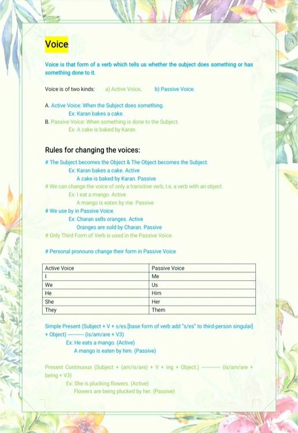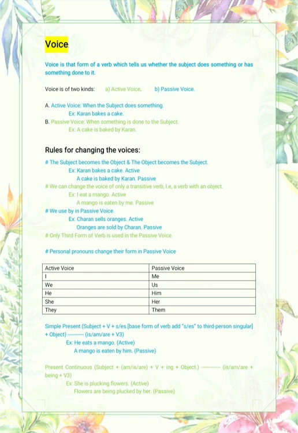In the active voice, whichever one is the subject will come on the object side in the passive voice. And whichever is the object in the active voice will come first. Now Karan bakes a cake is active voice. A cake is baked by Karan is passive voice.